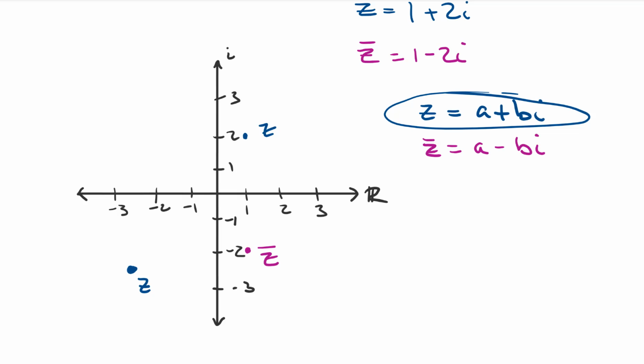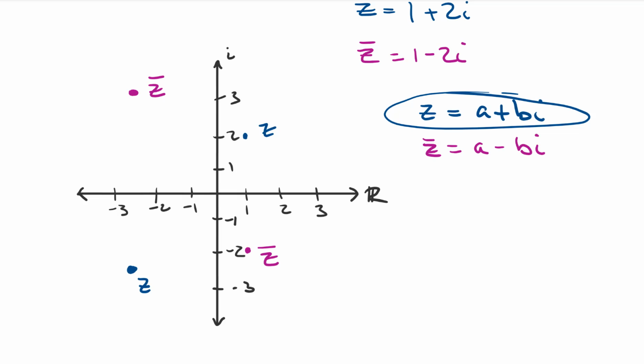Then I just follow it up, since it's symmetric about the axis. It's always going to have the same x value, but the imaginary values would just be changed. So it's always going to be symmetric about the real axis, or what we typically think of as the x-axis.